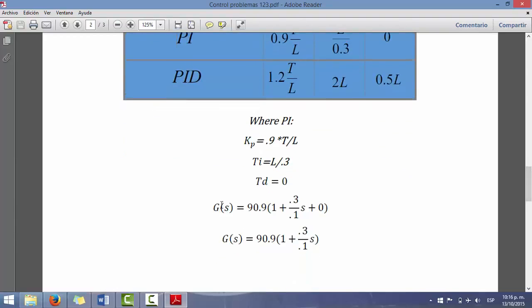So we just take the values from the first problem, substitute them in the transfer function formula of the PI compensator, and we get this.